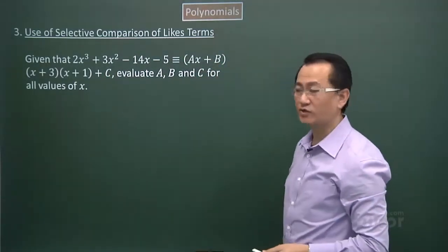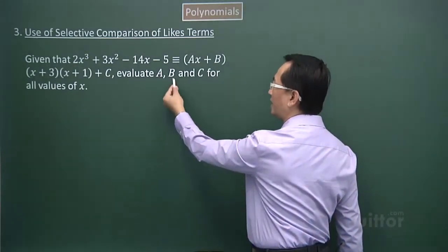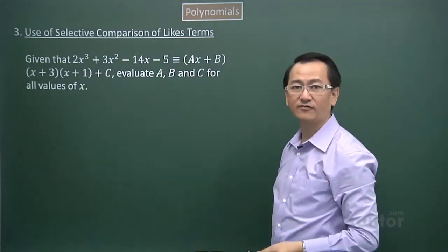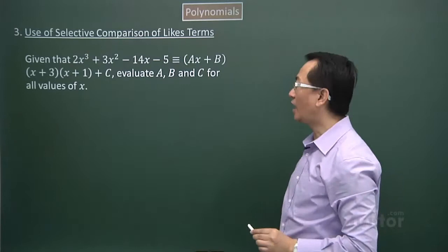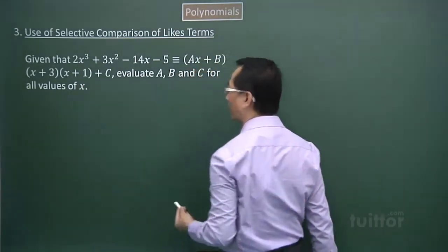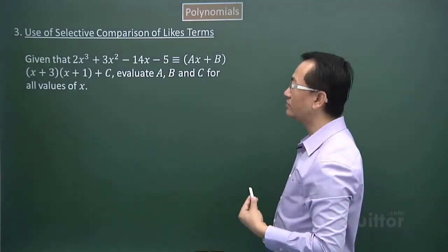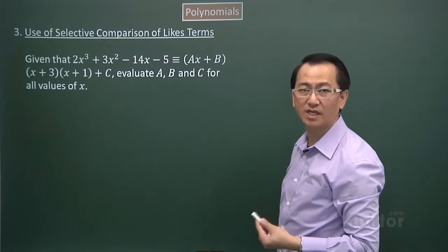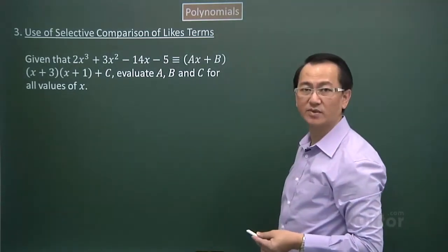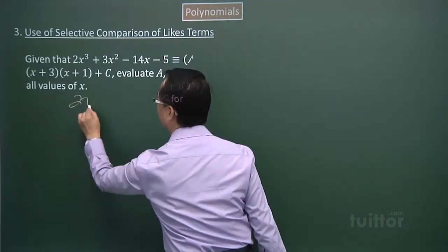So the objective is to find the value of a, b, and c. So if I'm using the selective comparison method, I will not expand the right-hand side of the expression fully, except that when I need to compare x cubed terms, I'll look for the x cubed terms on the right-hand side of the expression. So this is how we do it.